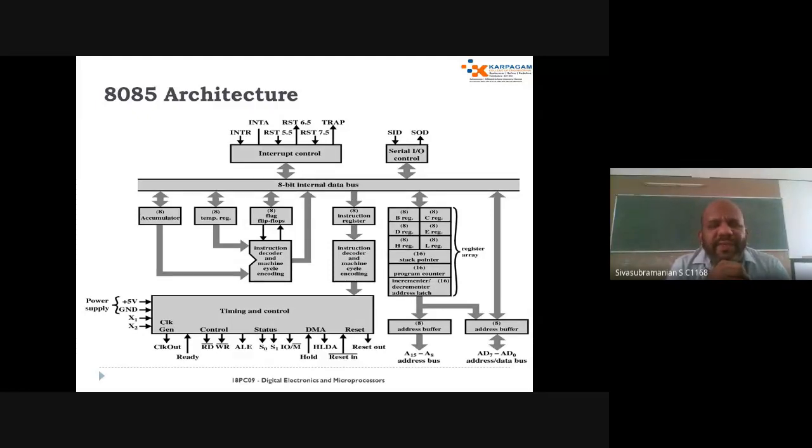Say for example, from memory location 2000, I'm going to fetch data, and immediately my program counter not only holds 2000, it also holds 2001, that is PC plus 1. Similarly, 2-byte and 3-byte instructions are also possible, something like PC plus 2, PC plus 3. It speaks about the location settings, right?